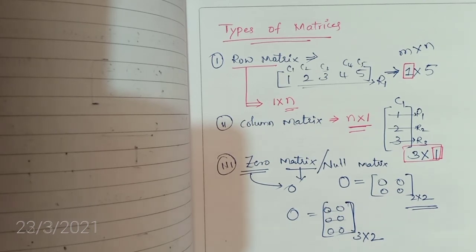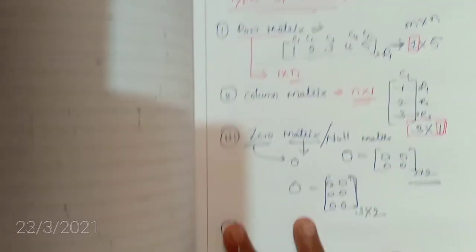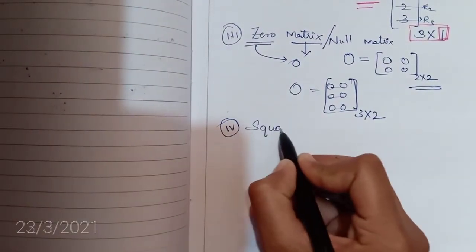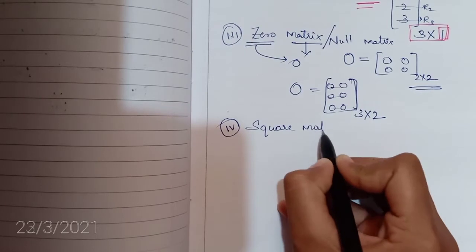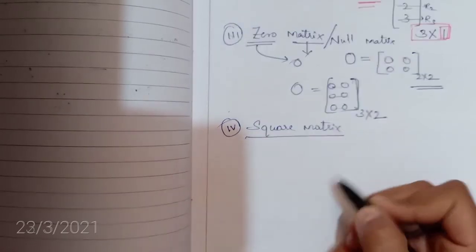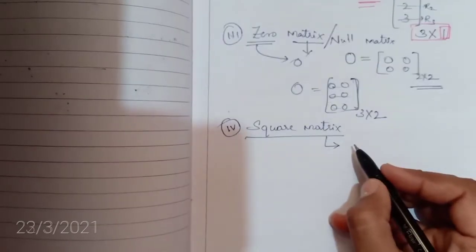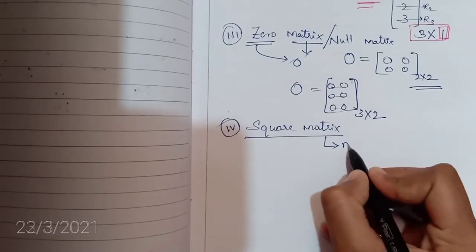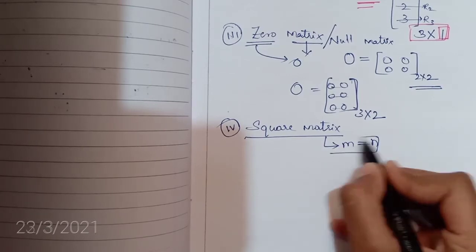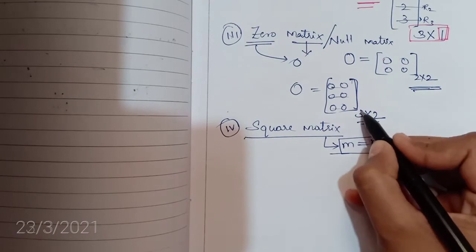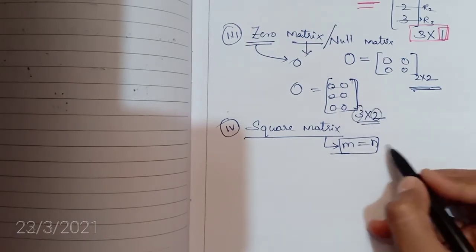Then comes the next type of matrix, which is the most important, that is the square matrix. So what is a square matrix? It is a matrix in which the number of rows is equal to the number of columns. If I write the order of any matrix as m cross n, the values of m and n must be equal.